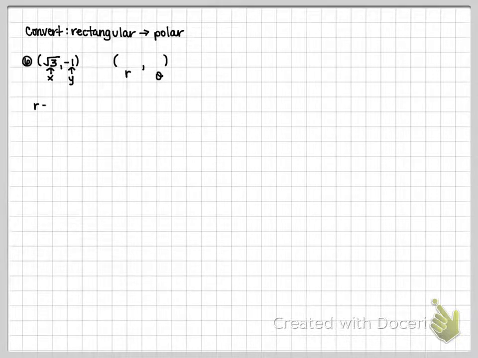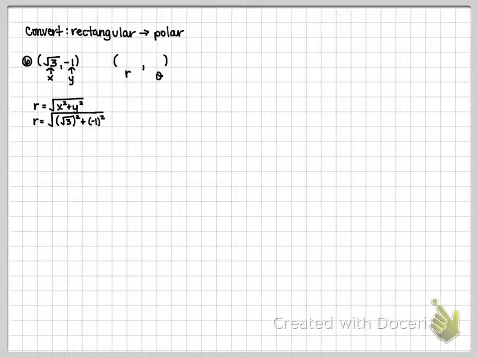So I know that the first one I have is that r is equal to the square root of x squared plus y squared, which hopefully looks familiar to you anyway. This is just the Pythagorean theorem trying to find the hypotenuse in a right triangle. So if I plug my stuff in, I know that I have this big square root of, and my x value is root 3 squared plus, and my y is -1 squared.